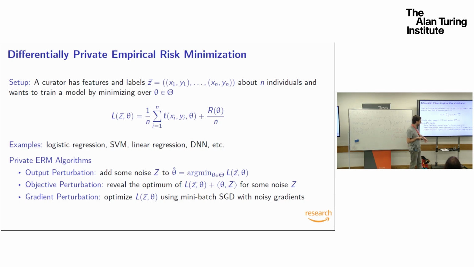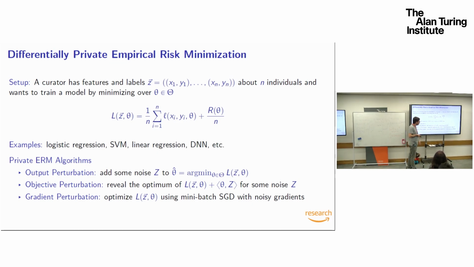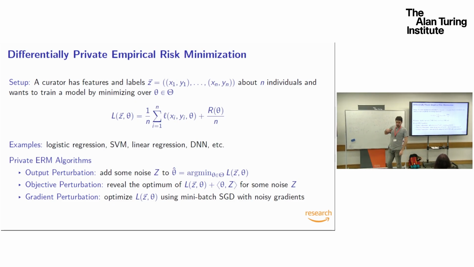One way to do it, if you know anything about machine learning, is that a typical way to solve this is using stochastic gradient descent with mini-batches, which is an iterative algorithm that does gradient descent with, instead of looking at all the data, subsamples of the data at every time step. And what you can do is add noise to those gradients. So at each iteration, you can add noise to make the gradients differentially private.